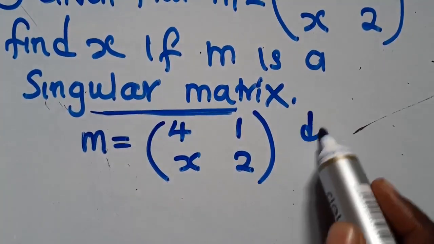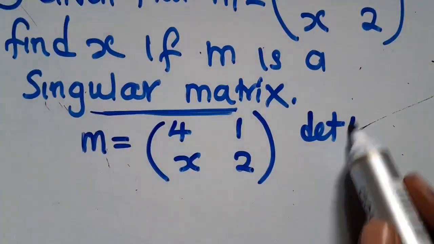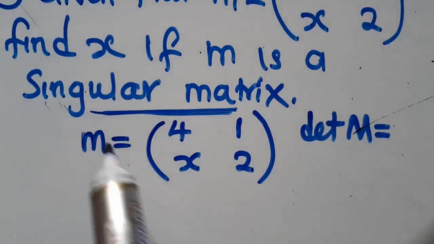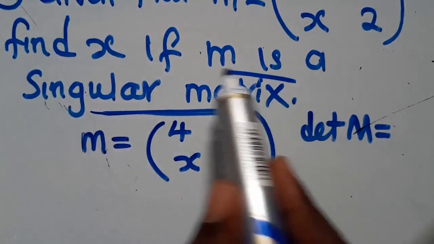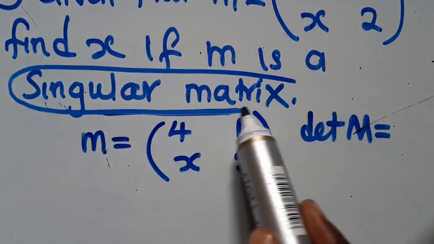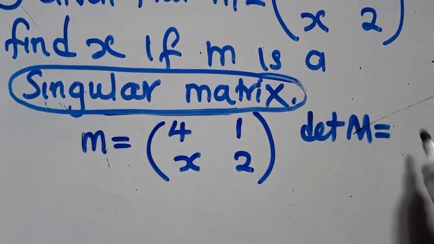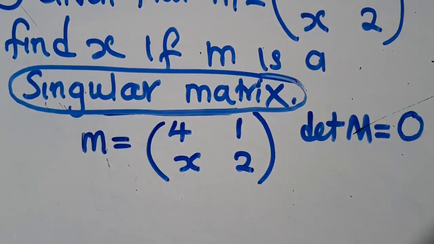Then you ask yourself, the determinant of m is equal to what? You interpret this. What is the determinant of a singular matrix? The determinant of a singular matrix is 0.